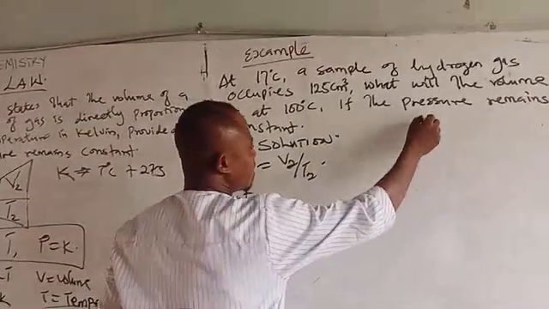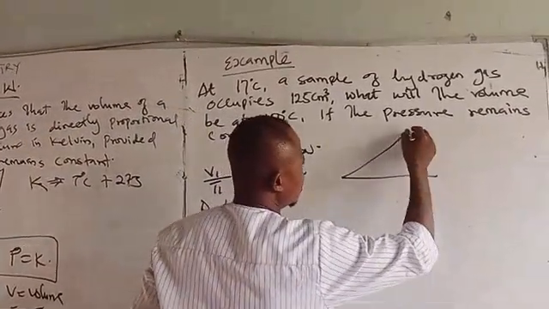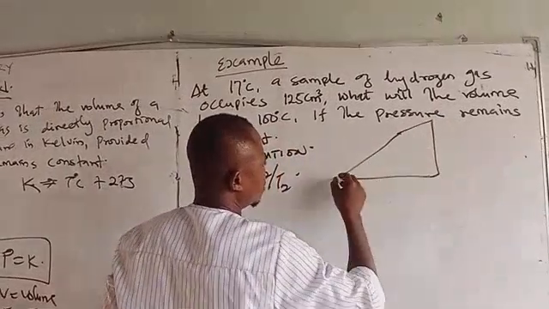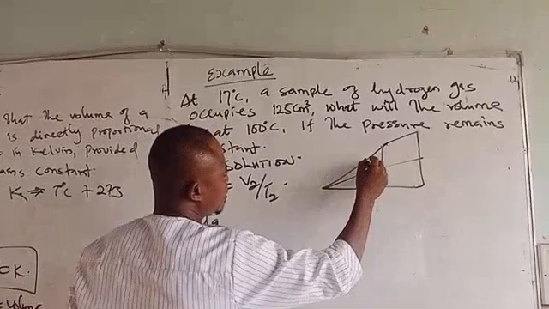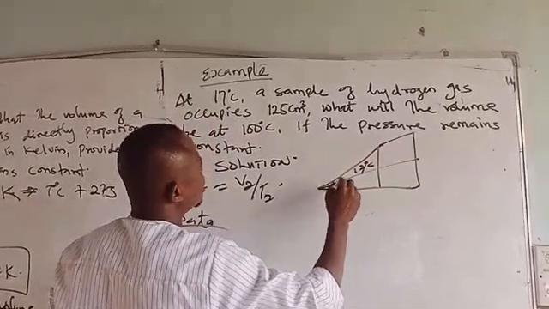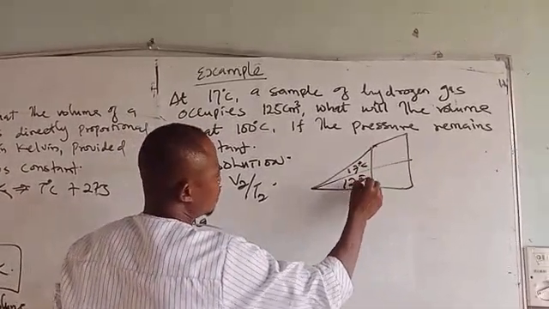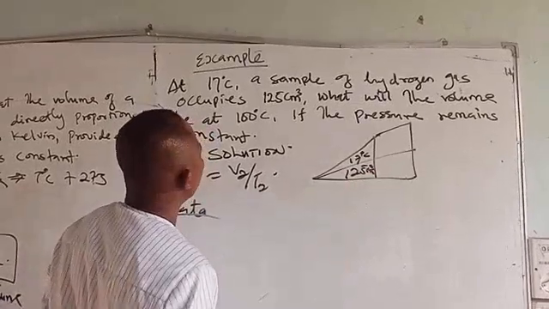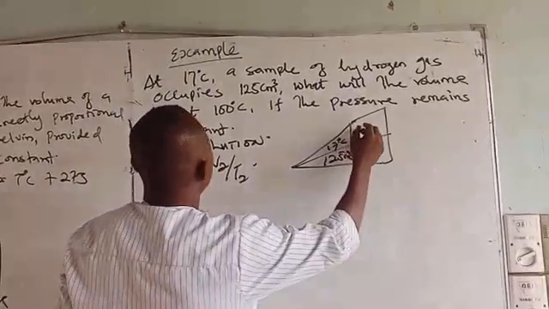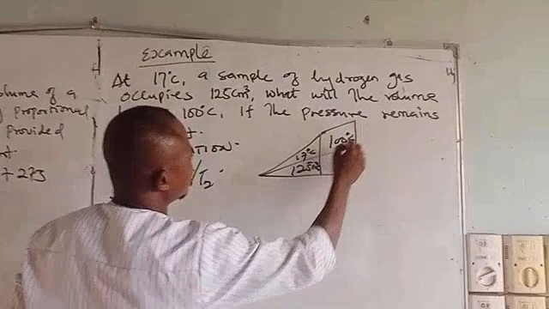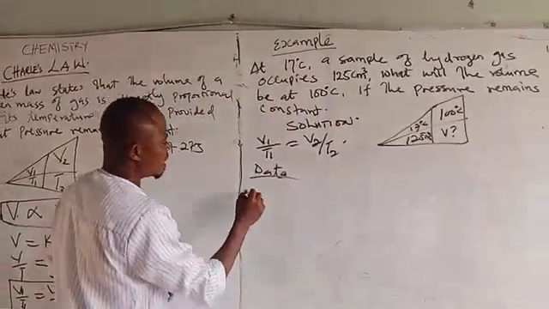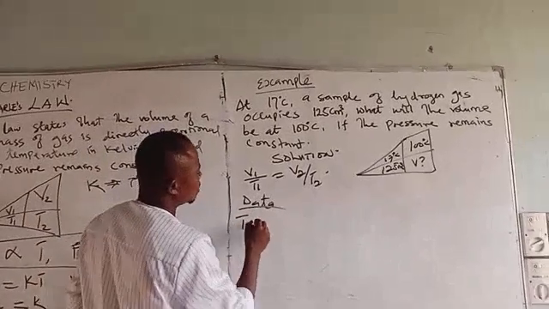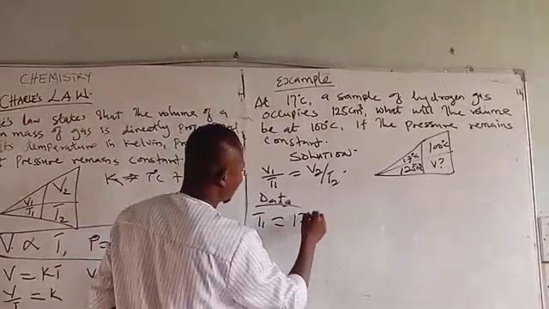We'll get our data. So if you follow that triangle, we'll have it that at 17 degrees Celsius, the volume is 125 cm3. At 100 degrees Celsius, we're looking for the volume. So our data now say T1 will be equal to 17 degrees Celsius.